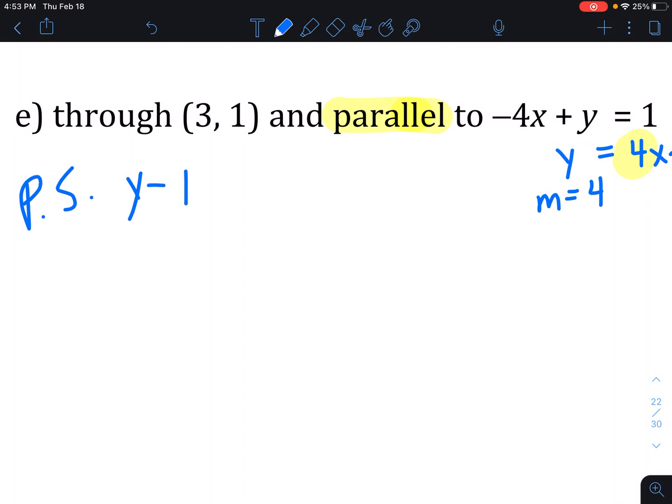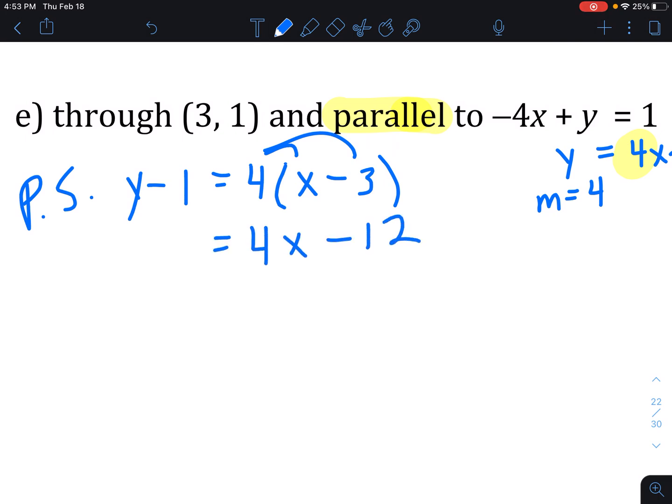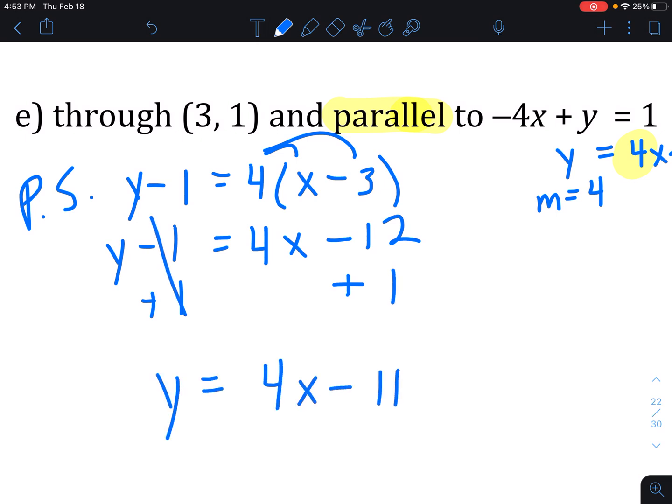So y minus y1 equals m parentheses x minus x1. So let's distribute and get rid of those parentheses. So 4 times x, and then 4 times minus 3. And then last step, add 1 to the minus 12 to get y by itself. And that's done.